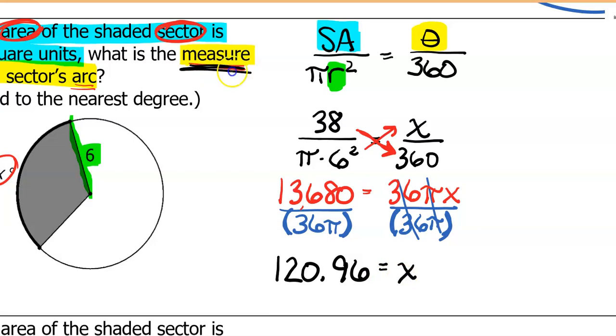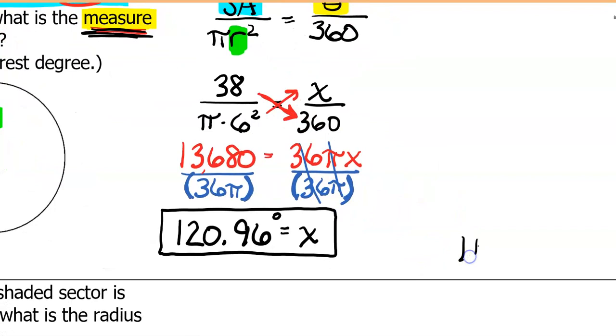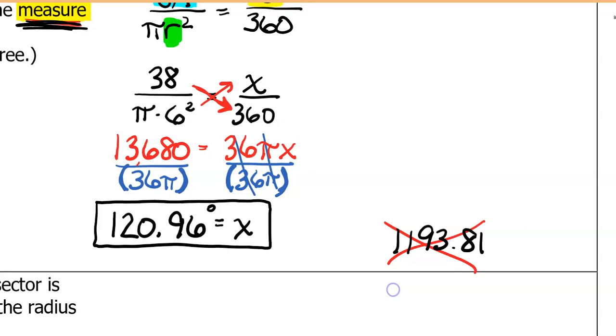And since this was the measure of an arc, that's going to be in degrees. If you got an answer of, oh heavens, 1,193.81, it's wrong, obviously. We shouldn't have an angle or an arc measure bigger than 360 degrees.